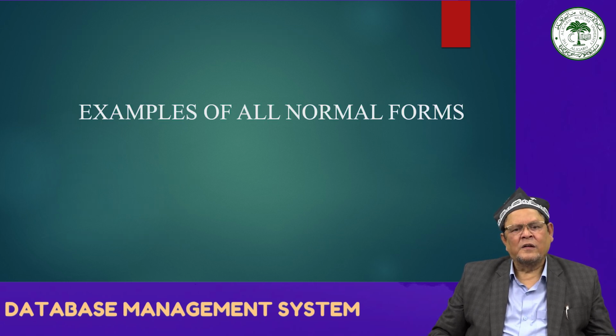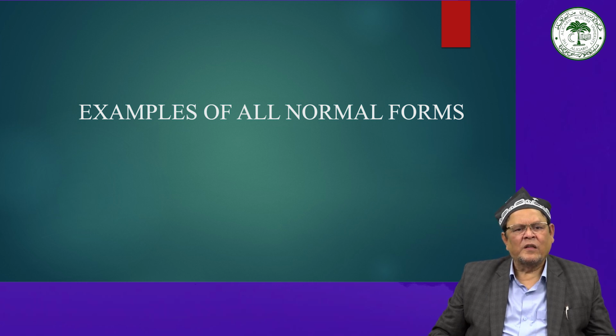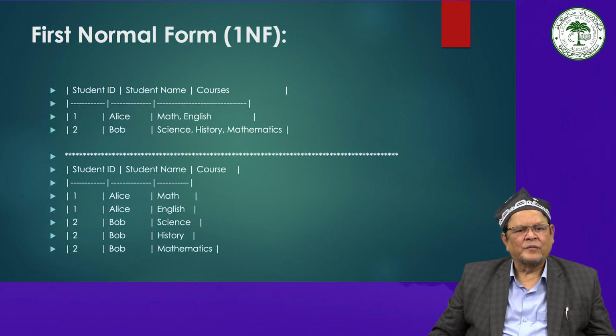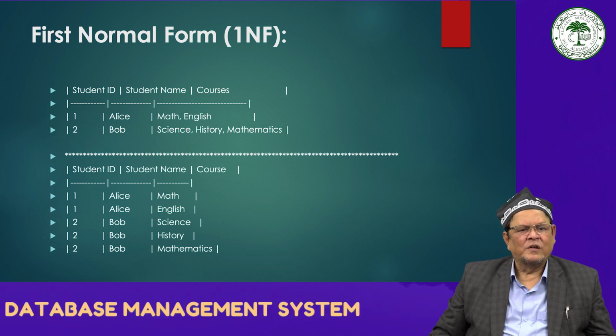Now, after learning the concept of normal forms, let me explain all the normal forms with the help of examples. First normal form requires each column in a table to contain atomic values, meaning no repeating groups or arrays are allowed.